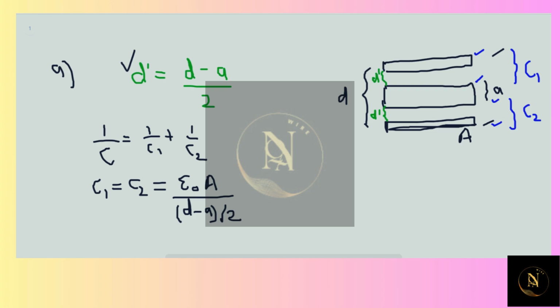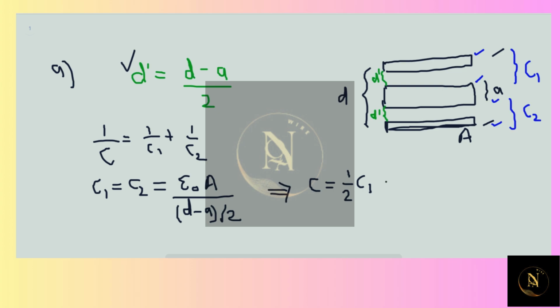Now, since C1 is equal to C2, the capacitance C is going to be half times C1. So the equivalent capacitance is half of C1, and we have already calculated C1, which is equal to C2.